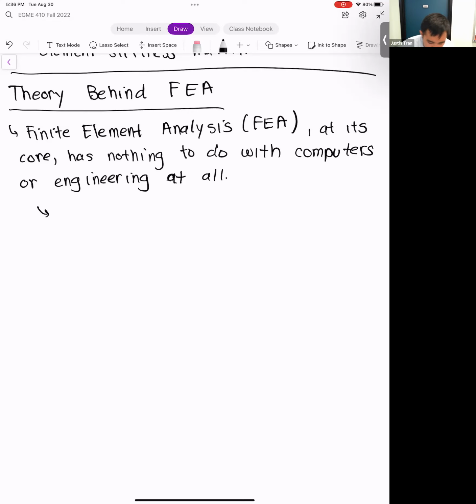And so finite elements is basically a way to transform one type of math problem into a different type of math problem. In particular, finite elements allows us to take a differential equation and transform it into a system of algebraic equations.